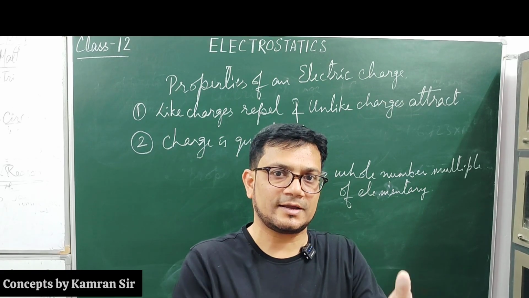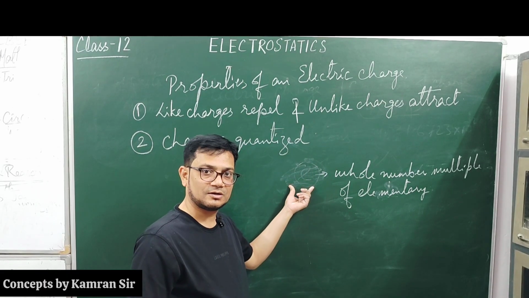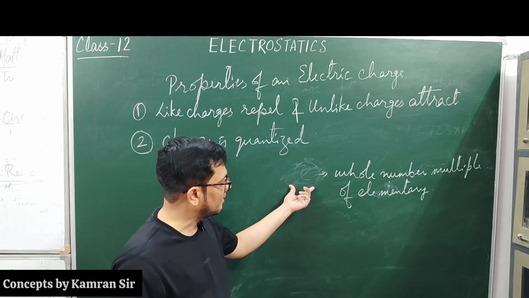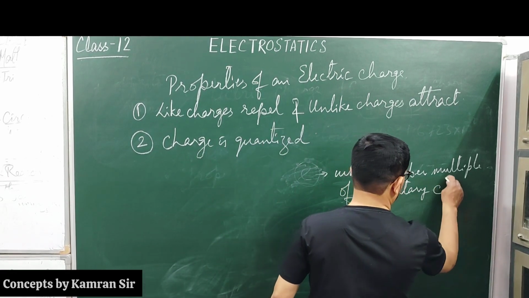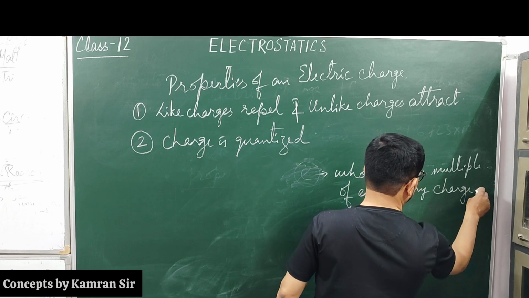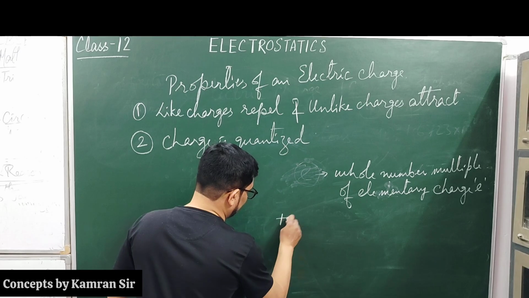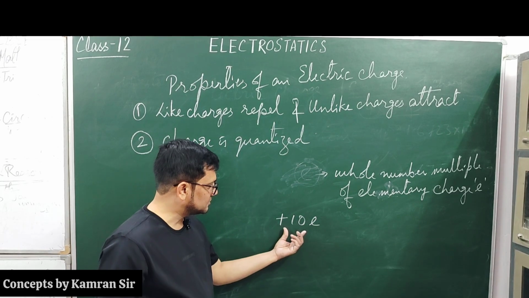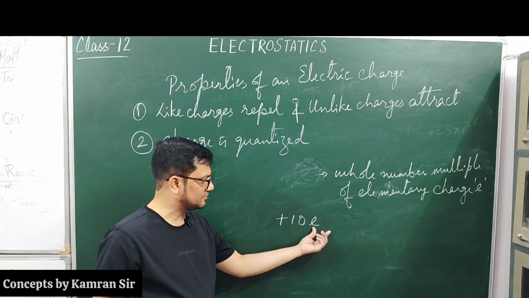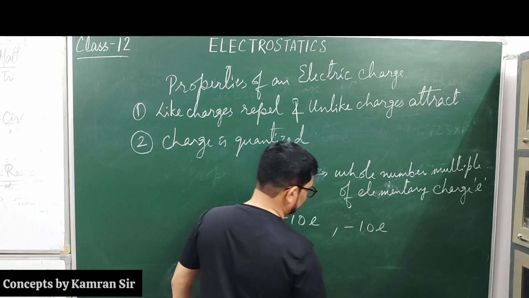If you are talking of the electron, it is as a whole, and the electronic charge is the elementary charge. Whatever charge a body has, it has to be a whole number multiple of this elementary charge, e. For example, a body could have plus 10 times the elementary charge, or minus 10 times the elementary charge.